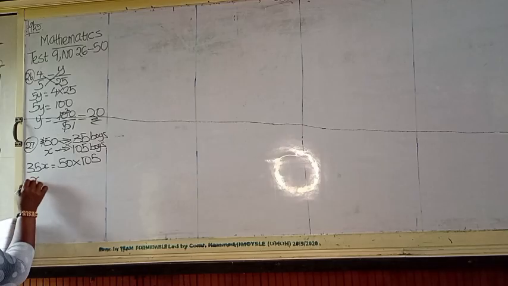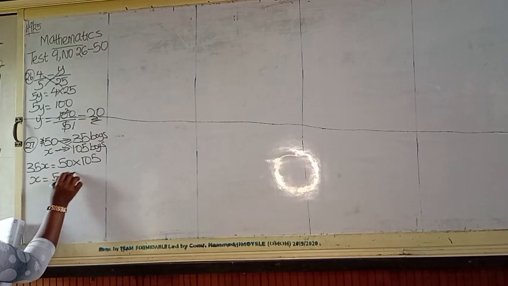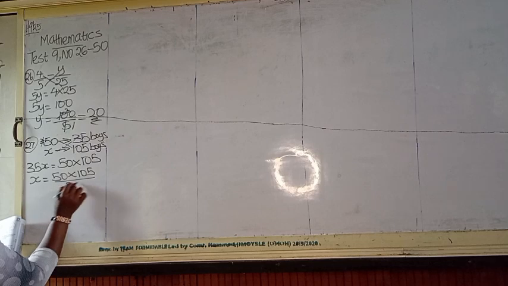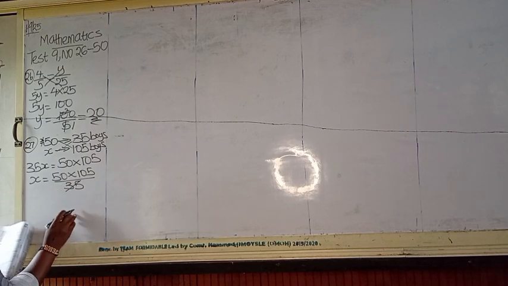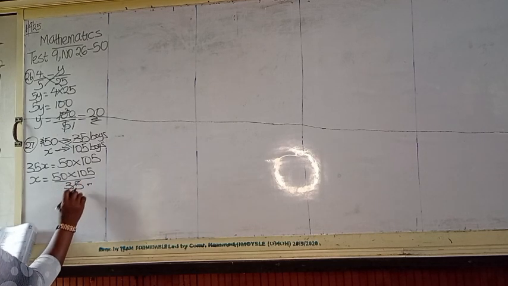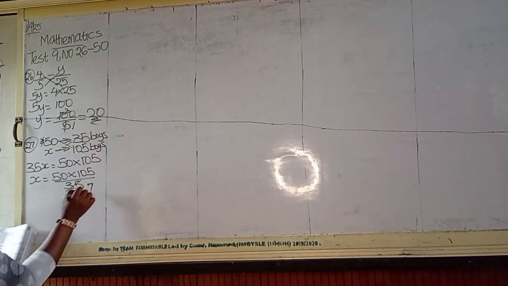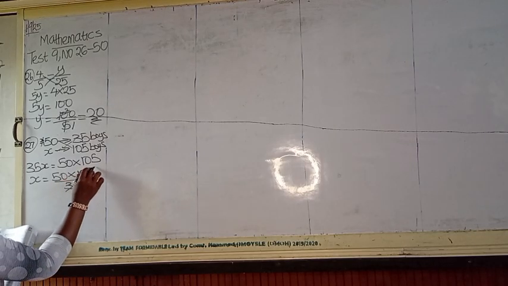Let's take s away. That would be 50 times 105 over 35. 7 in 35, that is 5. 5 in 30, that is 6. 5 in 35, that is 7. 5 in 10, that is 2. 5 in 1, that is 1.